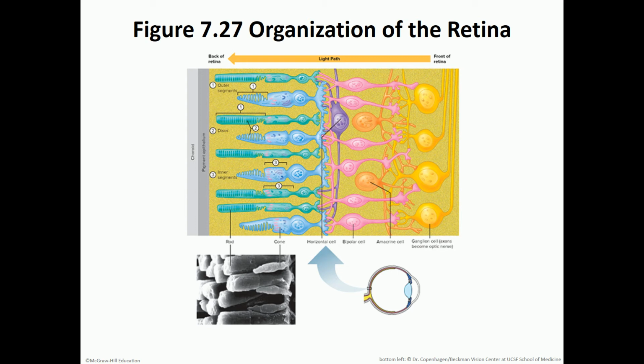And because it has voltage-gated ion channels, it is able to produce a full action potential. So these are the first cells in the pathway of vision that have voltage-gated ion channels and are able to perform an action potential. The rods and cones and the bipolar cells lack voltage-gated ion channels, and they can only go through graded potentials.